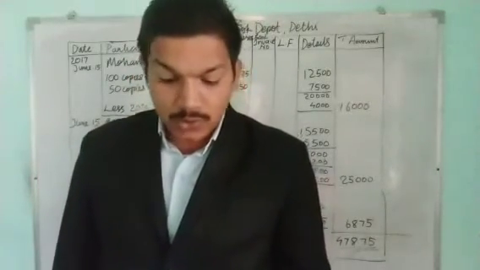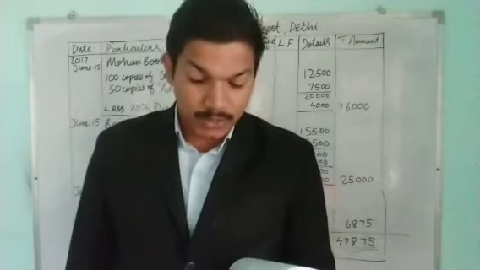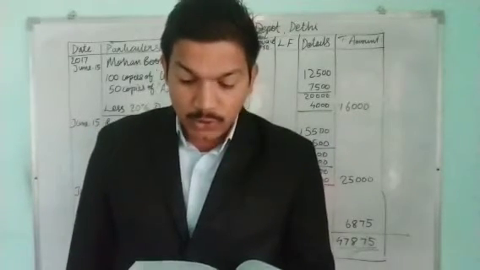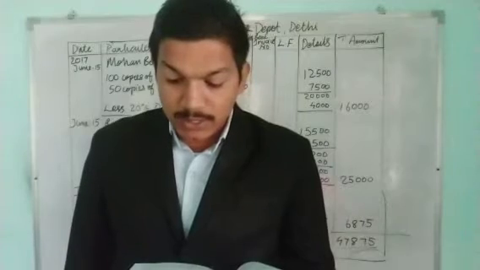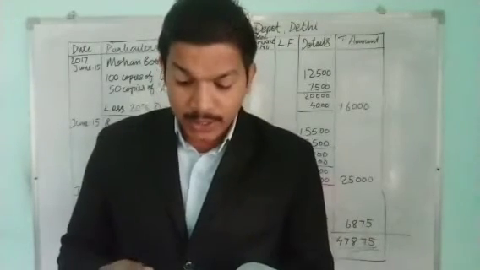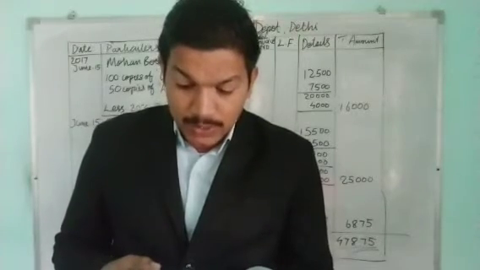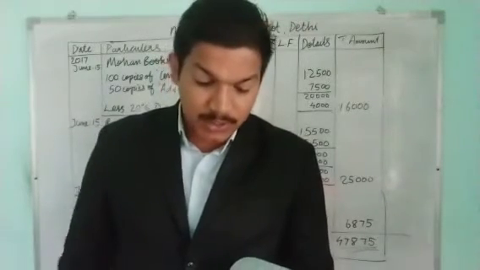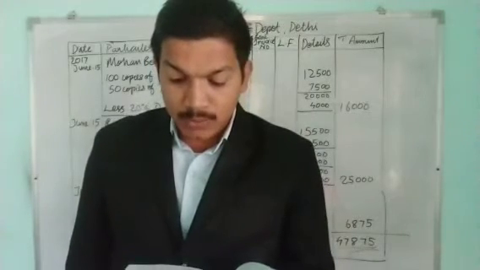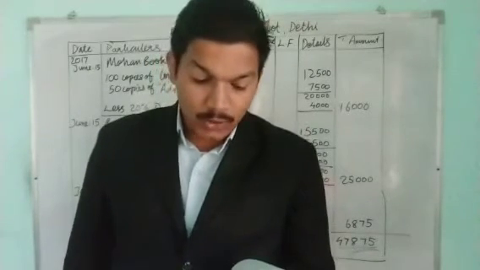The date of purchase is also recorded in the date column. And posting in the purchases account: the monthly total of the purchases book is debited to the purchases account in the ledger by recording on its debit side 'to sundries as per purchases book', and the amount of the monthly total of the purchases book is shown against the end of the month.